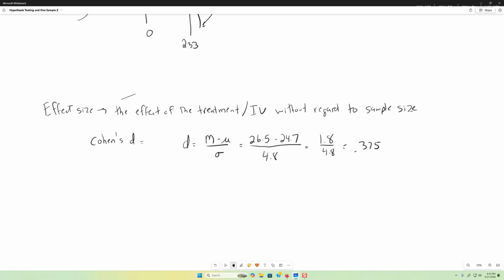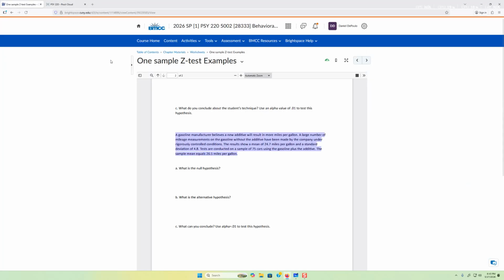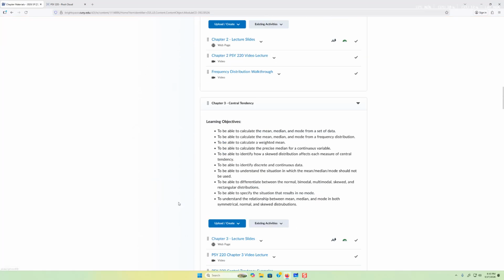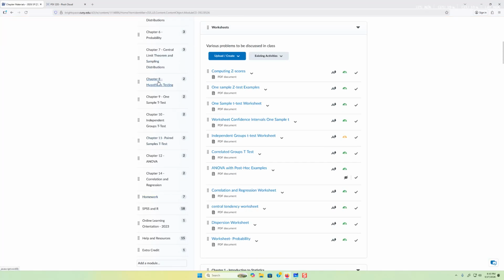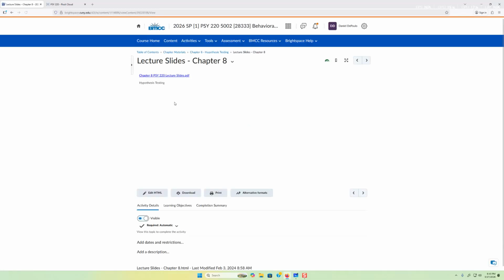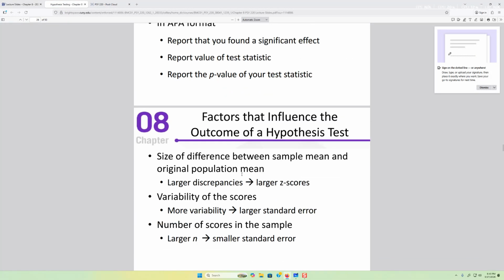Depending on your values for Cohen's d, I don't know exactly what the text says about Cohen's d. I have it in the slides, though. Everybody's understanding of Cohen's d might be slightly different. If we look at Cohen's d in the slides I provided under Chapter 8, there's a nice table here.